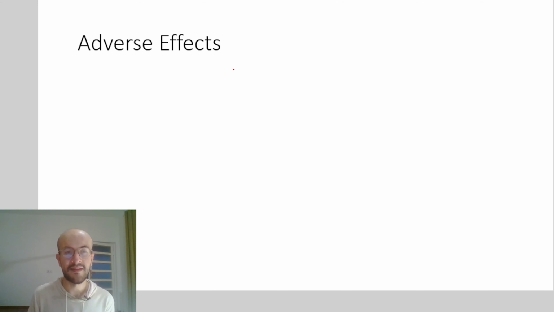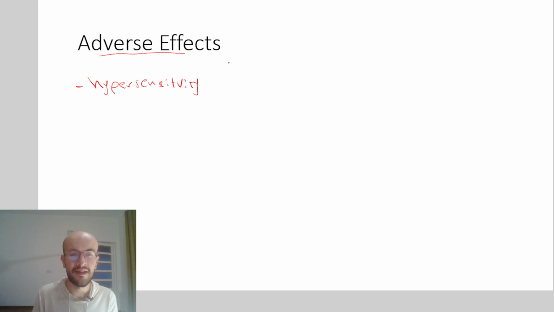Now let's talk about the adverse effects or the unwanted effects of penicillin. We have the first one, and the most famous one is hypersensitivity. So hypersensitivity reactions, and that would range from a simple skin rash to angioedema.